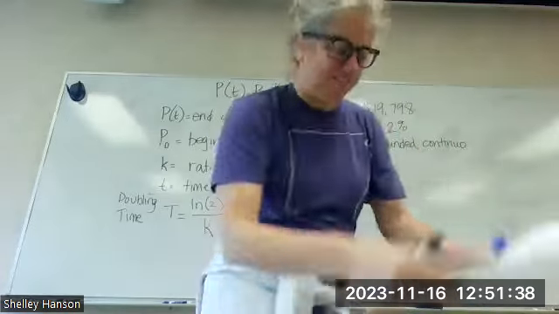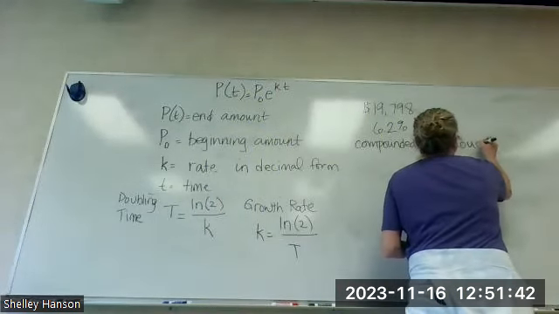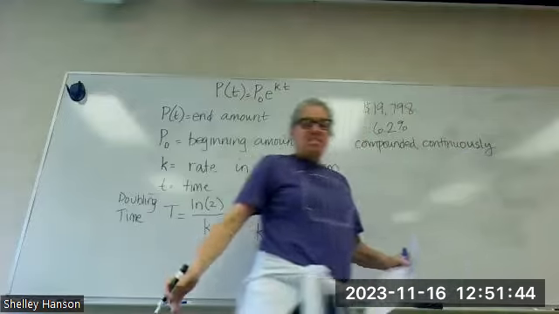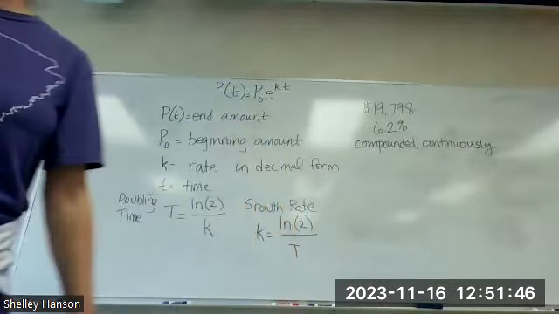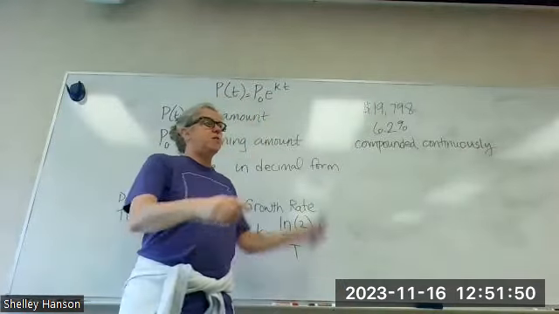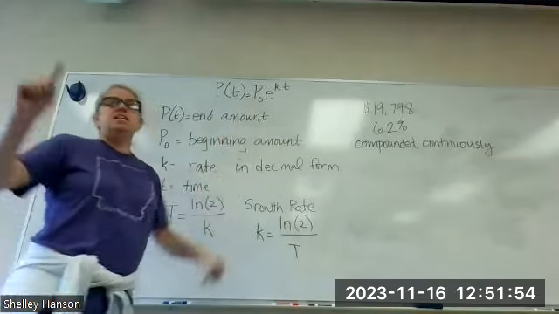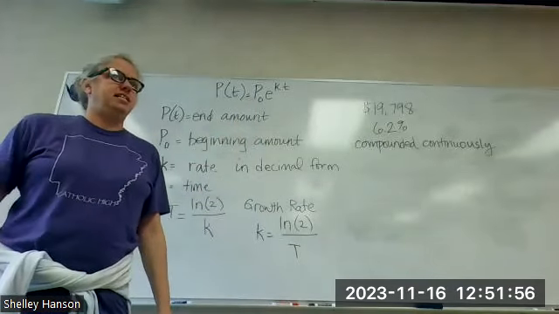Whoa. So that's the difference. We use that other formula when we had compounded quarterly or semi-annually. We use this formula if it's compounded continuously with the E in it.